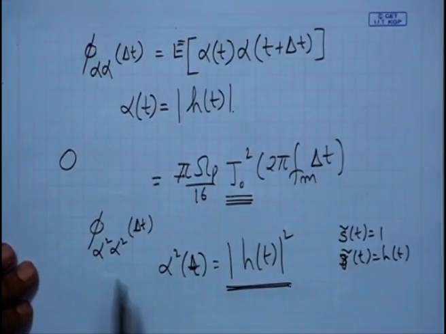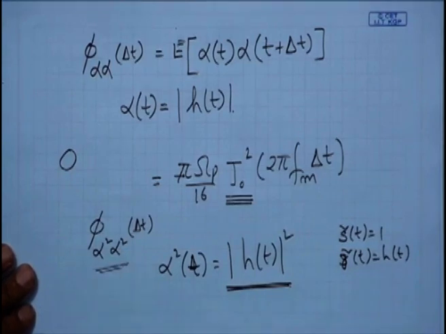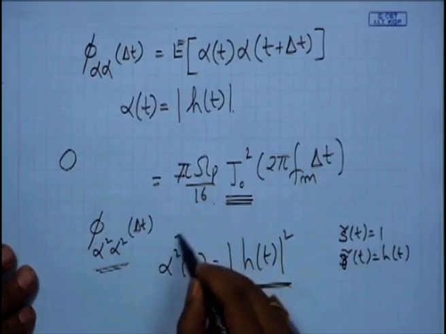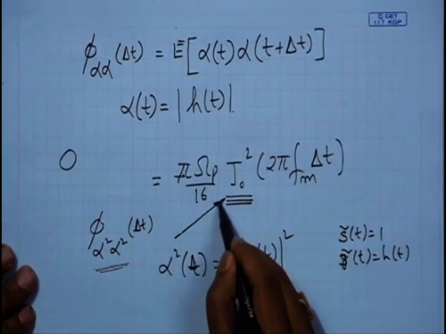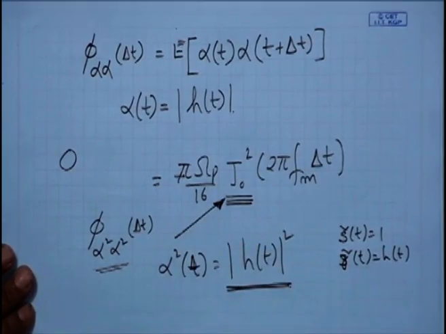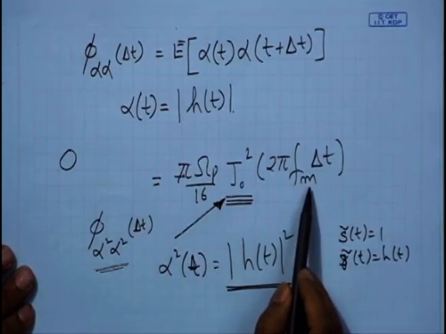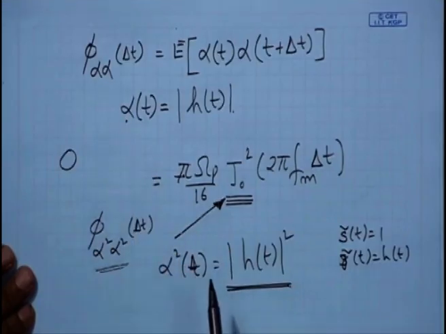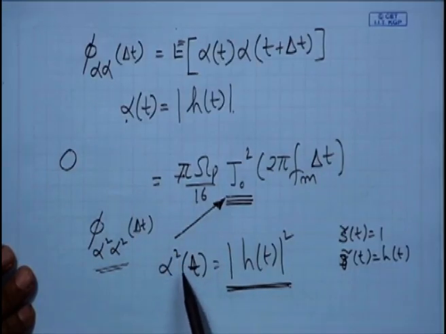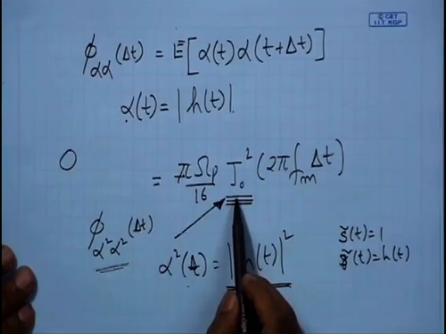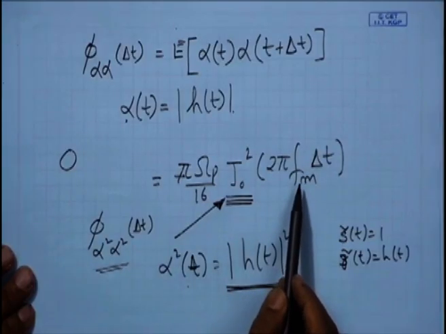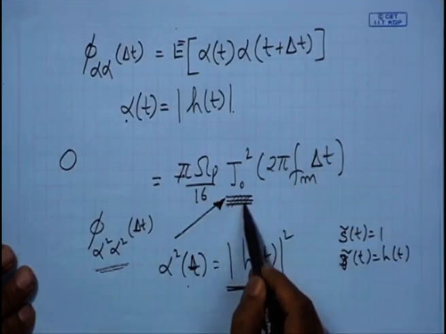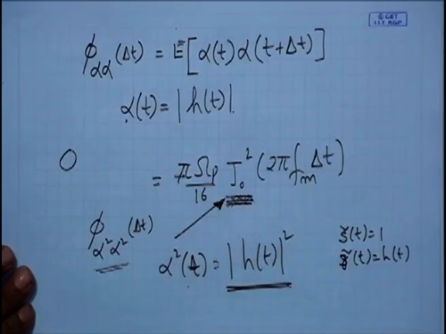So, when we study the correlation of alpha squared, we are basically studying the correlation of the signal strength. So, what we have over here is that the correlation of the signal is proportional to J 0 of 2 pi f m delta t, whereas the correlation of the envelope alpha or the correlation of the alpha squared are both proportional to J 0 squared of 2 pi f m delta t. So, this is the underlying thing that we should remember in this particular discussion.